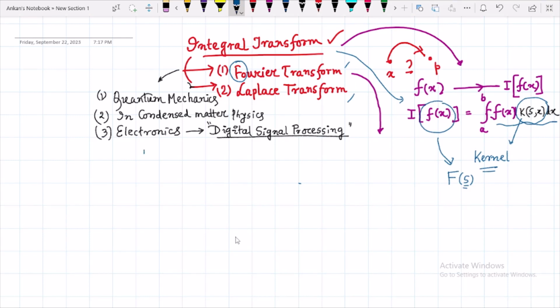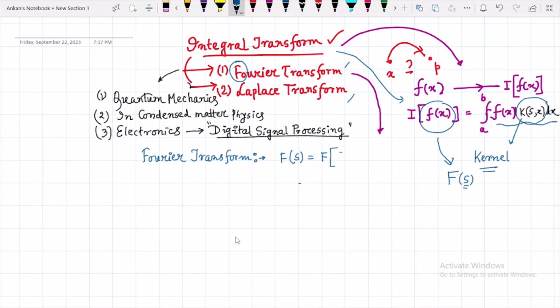In the Fourier transform, the kernel is written as, the total formula I want to write.